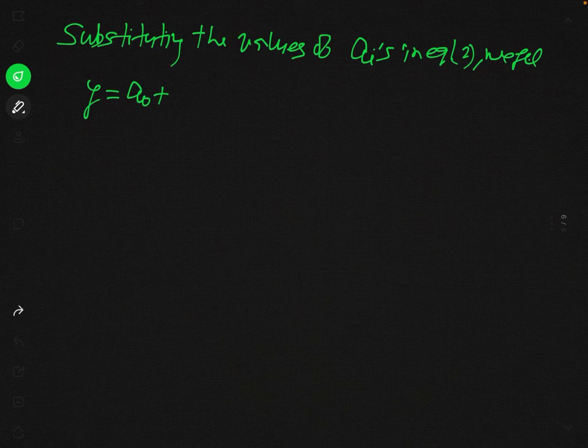Y is equal to A0 plus A1x plus A2x square plus A3x cube, and so on.